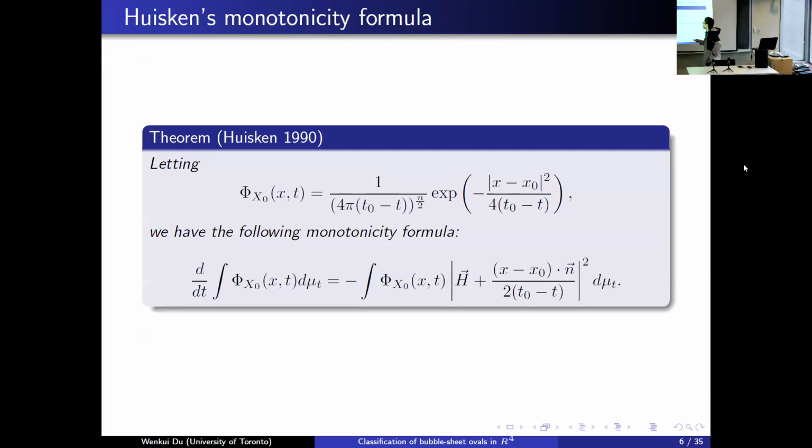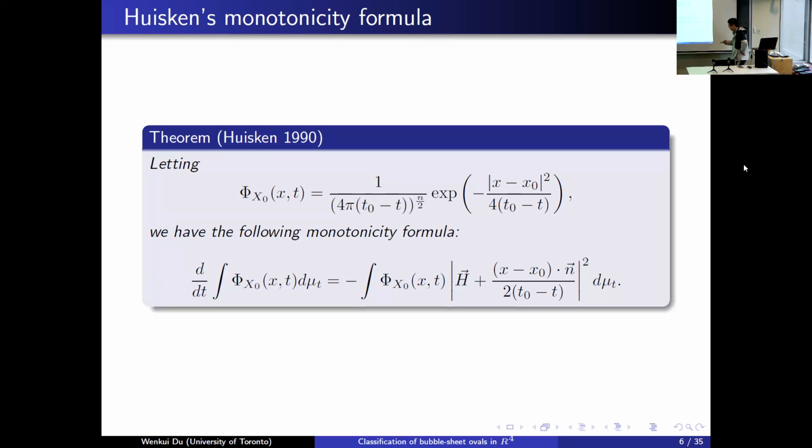Another useful tool is Huisken's monotonicity formula. Let us consider this Gaussian weighted integral. We differentiate it, and it's non-positive. The more important thing is the quantity in this absolute value. My guess is that this monotonicity formula is to find out this quantity.